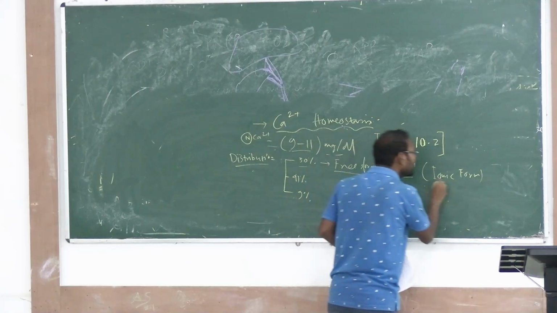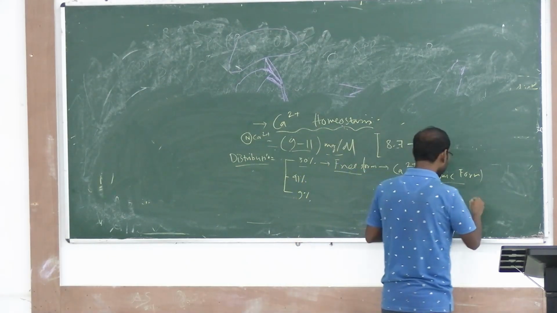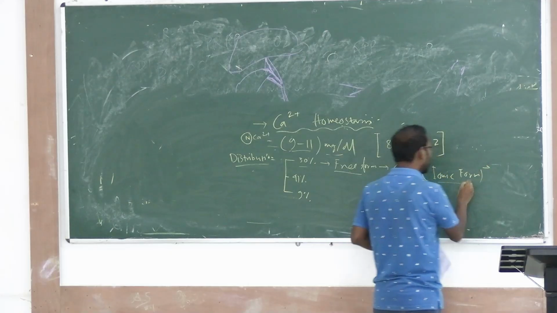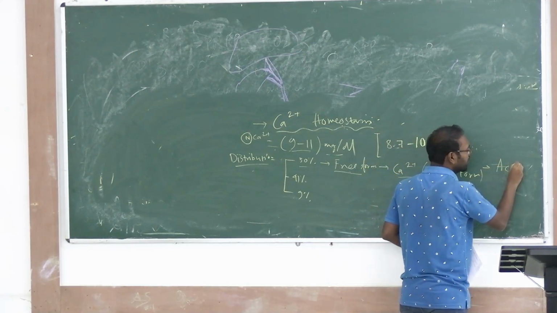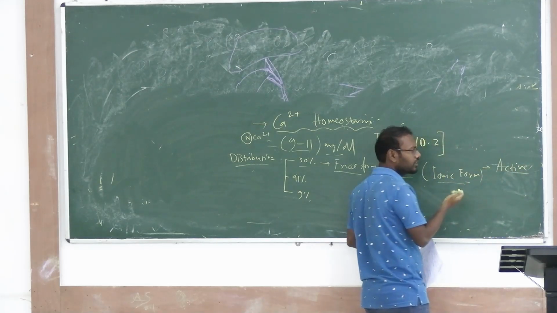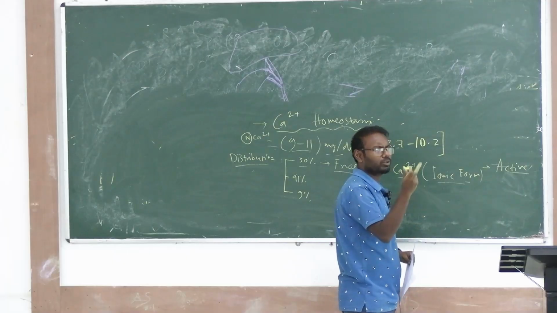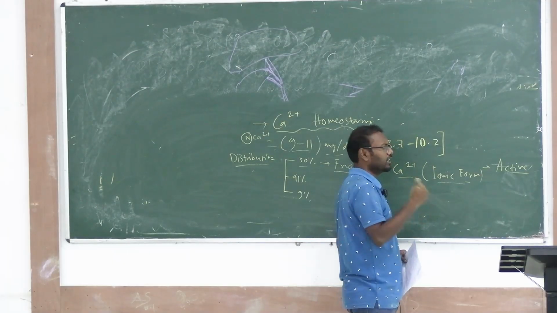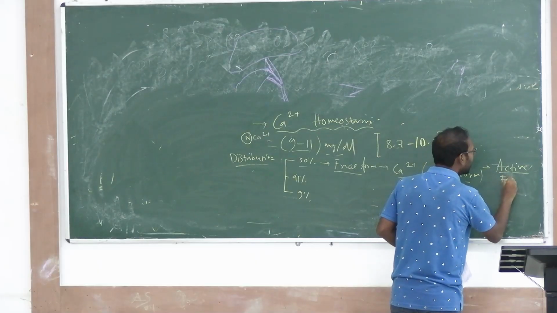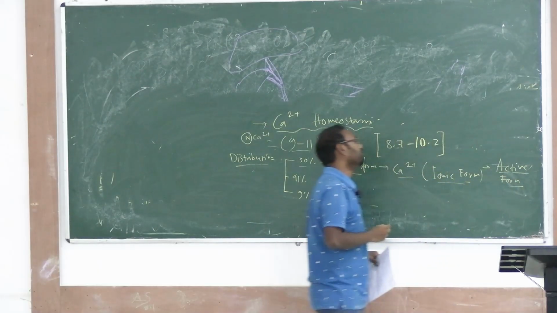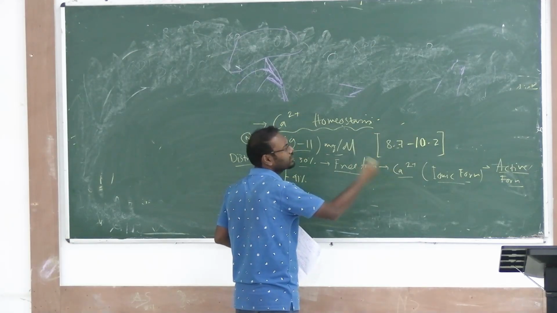And since they are free form, they are the active form. The free forms are the most active. In the case of thyroid we saw the same, there was conversion of inactive to active, T4 to T3, and we mentioned an enzyme name. So this is the active form, responsible for all the actions in our body.